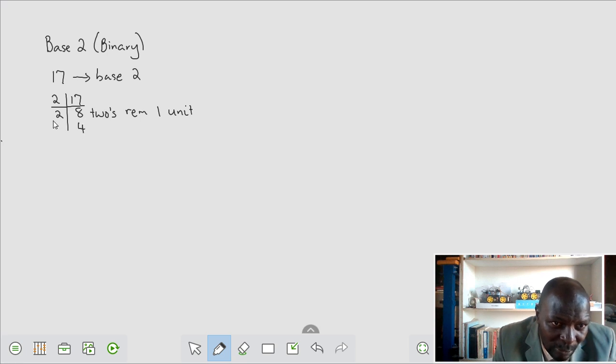This has to be 4s. Previously we looked for 10s, then we looked for hundreds. So here we've got 4 fours. If you divide 2 into 8, you get 4 with the remainder of 0.